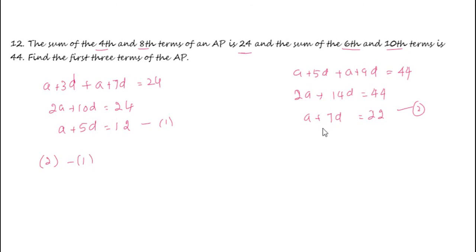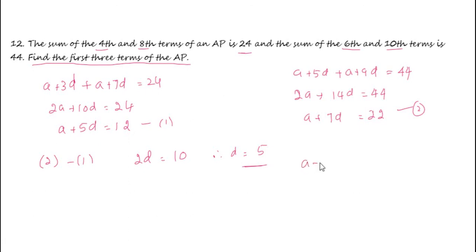A cancels. 7D minus 5D, that is 2D equal to 22 minus 12, that is 10. Therefore D equal to 5. You need to find the first 3 terms of the AP. So A plus 5D is equal to 12.